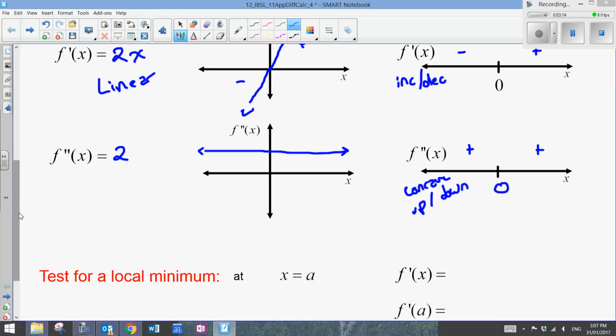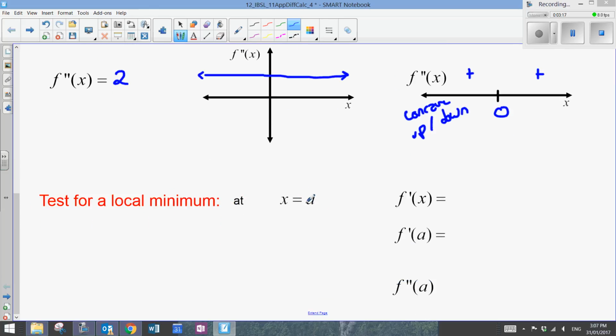All right, so we have a local minimum at some value of a if your first derivative at a equals 0, but now we're noticing that your second derivative at that point is going to be positive, so greater than 0. If you have a second derivative that's positive, like this sign diagram shows, then you're going to have a concave up scenario, which means you have a local minimum.